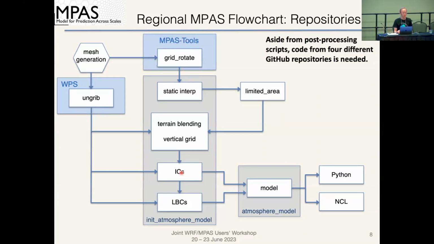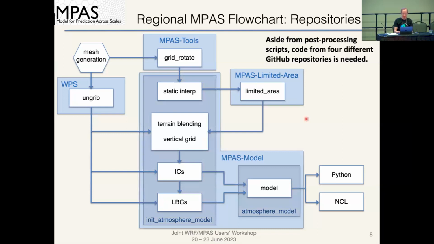There is an MPAS tools repository, as we'll see, that has a tool that can do solid body rotations of meshes. There's a separate repository right now that contains the tool that allows you to subset either meshes or static files. Given that this is basically just another tool, we do intend to merge this MPAS limited area functionality into the MPAS tools repository. So down the road, there will probably not be a separate repository for this.